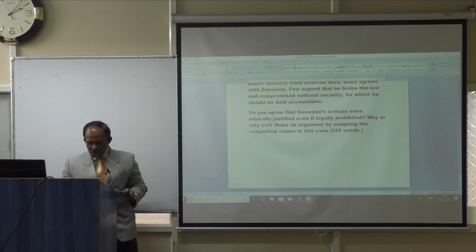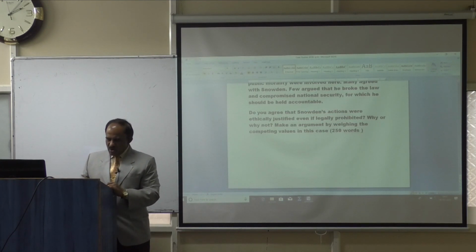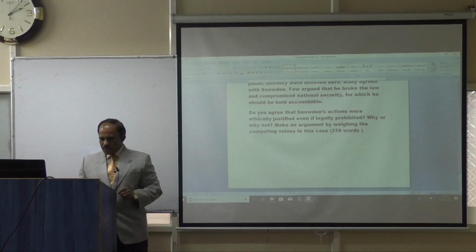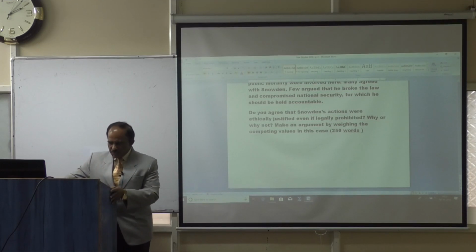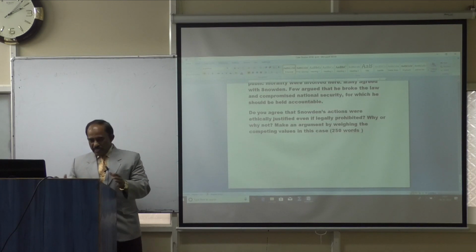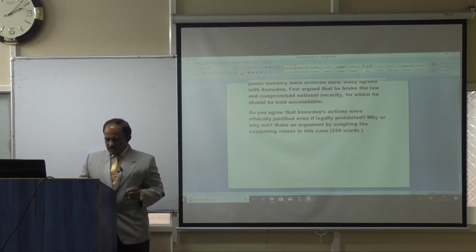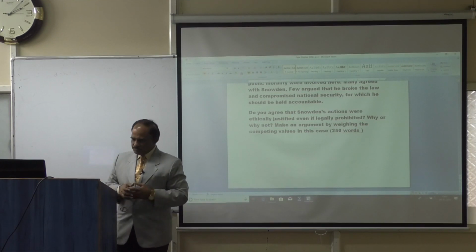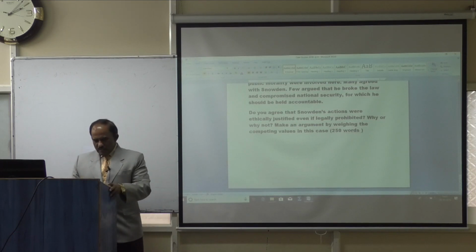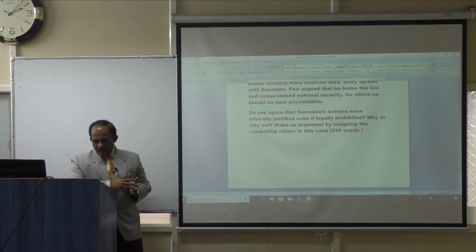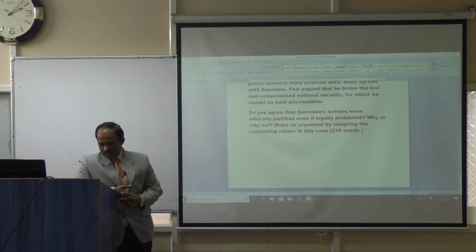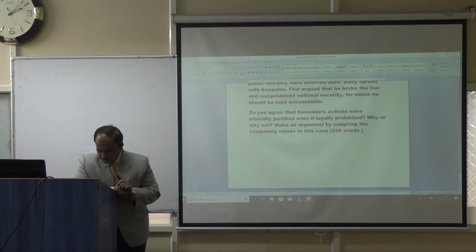Now, the ethical issues involved in the case study are whether an ex-employee, after retirement or after transfer from the post, can reveal confidential information to the press even in the guise of whistleblowing, stating that it is against the people. So, whether the action of Snowden is ethically justified, even if legally prohibited, this is the issue here.